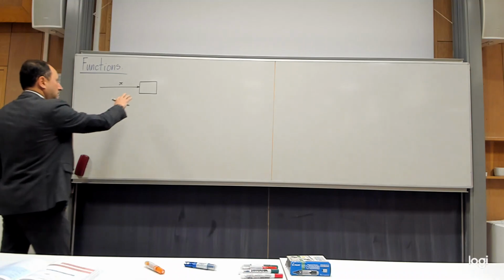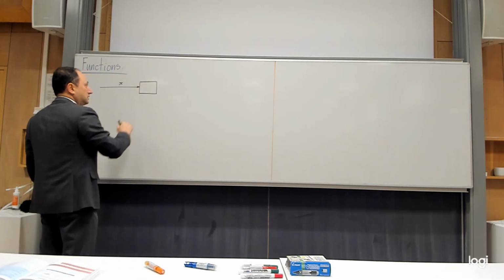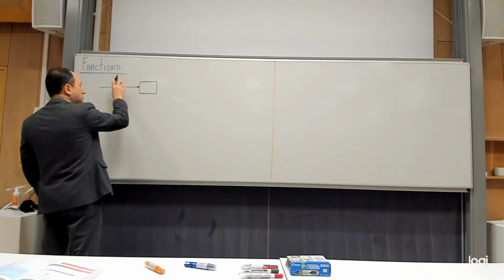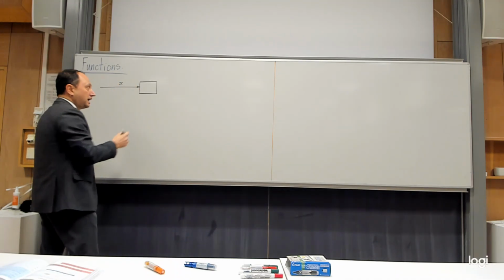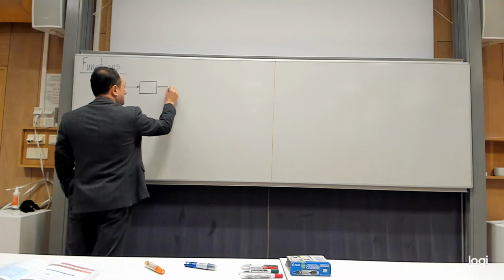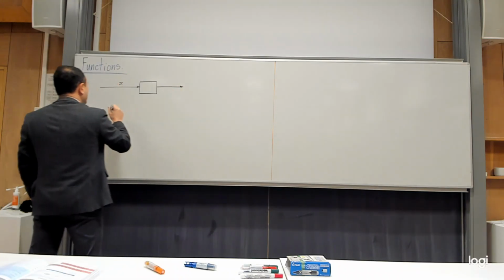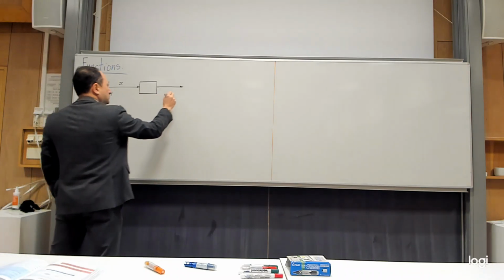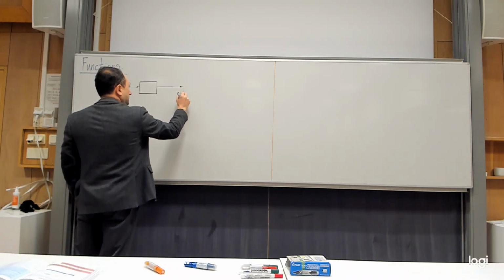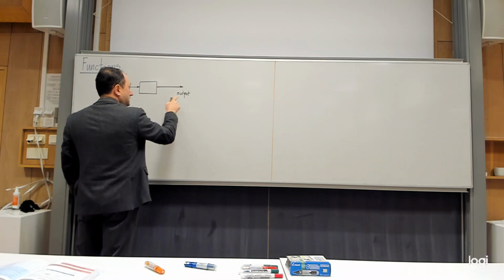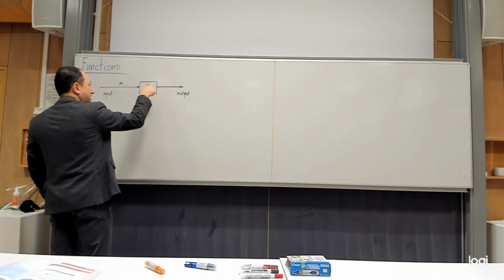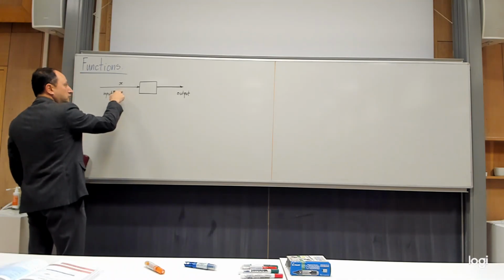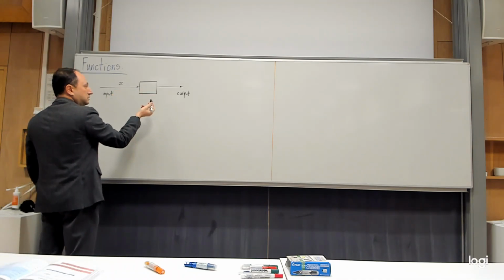And then this operator, this machine, which I will call a function, will do something on this input and gives you something back, which I call the output. So input, this is output. But this box itself, depending on the operation that it will do on your input, is called your function, yes?